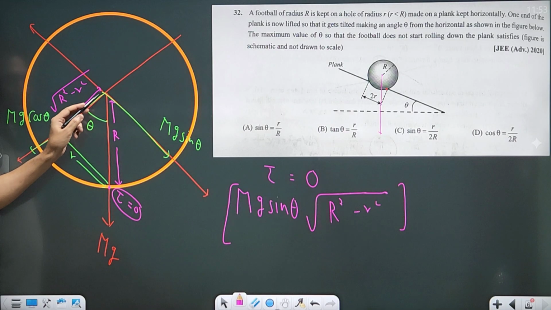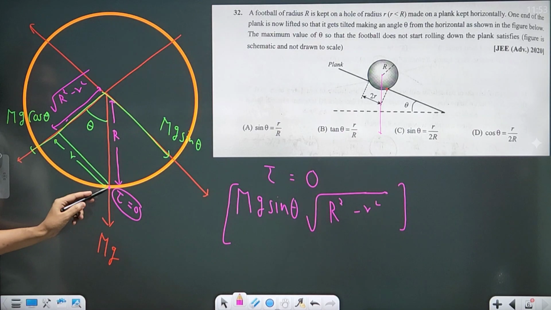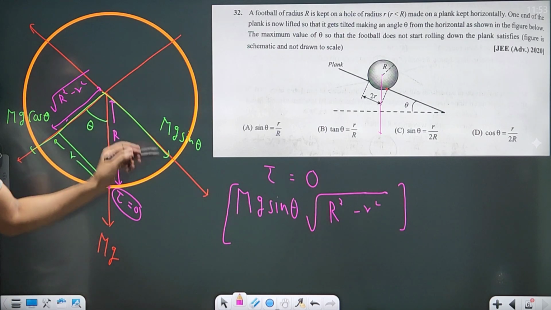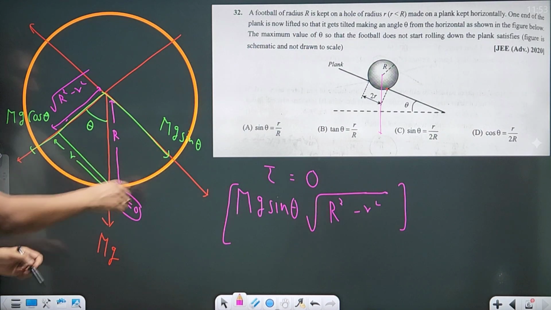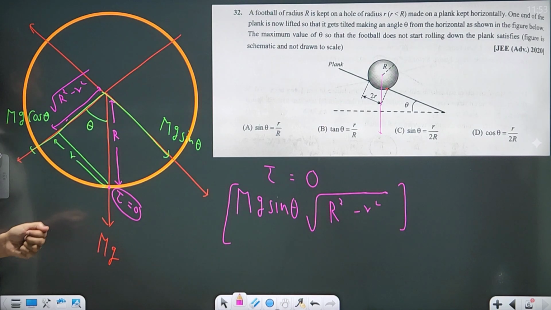Now we also have one component, mg cos theta. What is its torque about this point? It is mg cos theta into the perpendicular distance small r. So mg sin theta about this point makes a torque in the clockwise direction. You can see here, if I keep this point and rotate about it, it will be clockwise. And mg cos theta about this point will make an anti-clockwise torque.